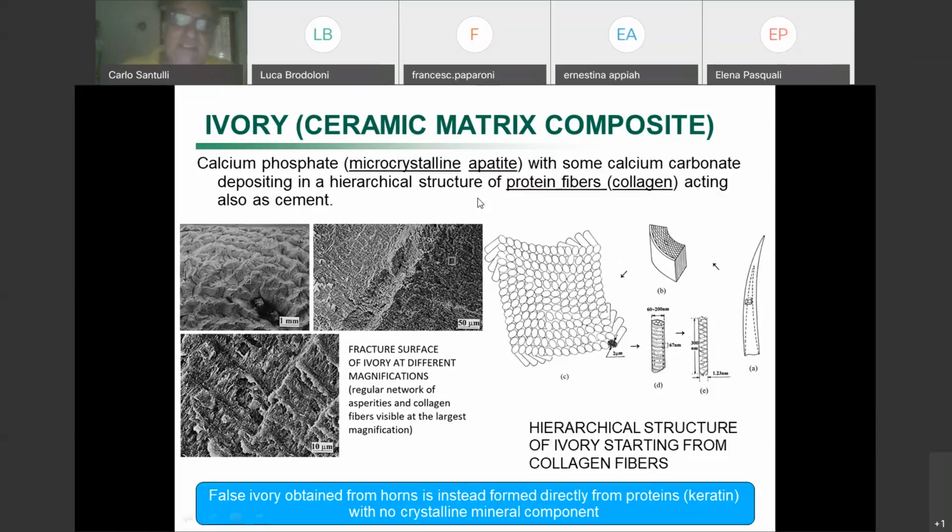Then you can have horns. In horns, the matrix is no longer a ceramic. It's a protein again. The matrix is a protein which has ceramic characteristics, but it's not a real ceramic. You have this protein, the most diffuse protein, the one used in hair, nails, and so on, and it's bonded by other proteins.